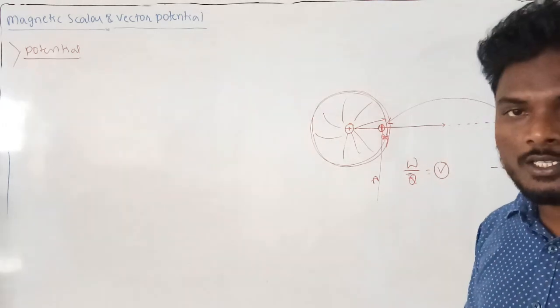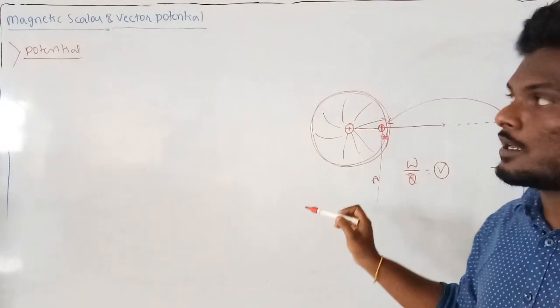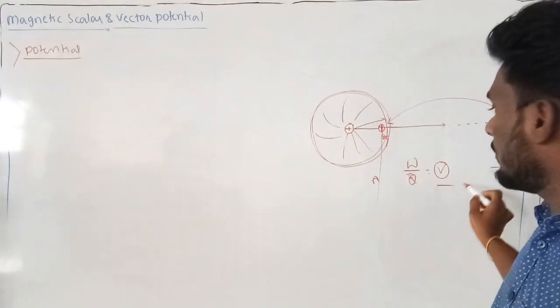It doesn't have any direction, only magnitude. That's why electric potential is termed a scalar quantity. It is only a single valued function.